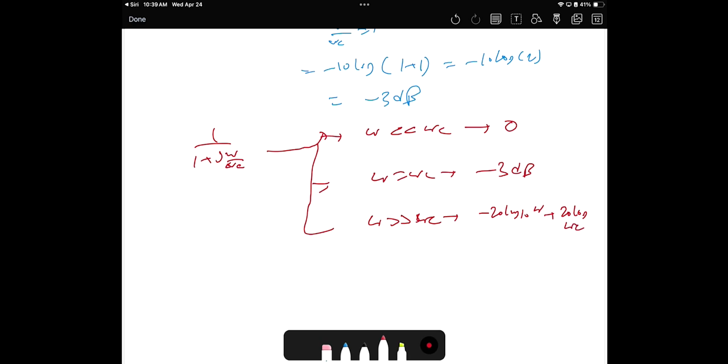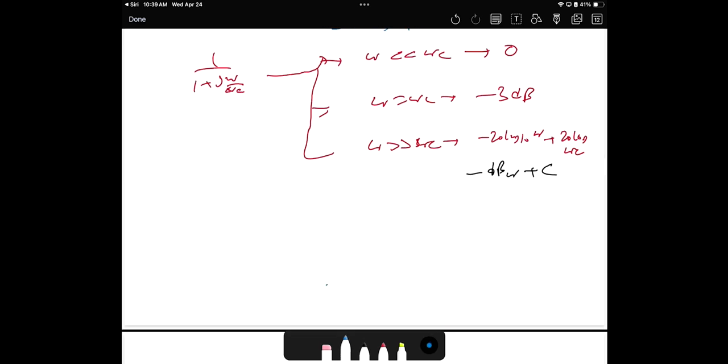So it looks like negative dB of omega, plus a constant. When we plot the magnitude in dB, here is omega, maybe per second, and here is the magnitude in dB.